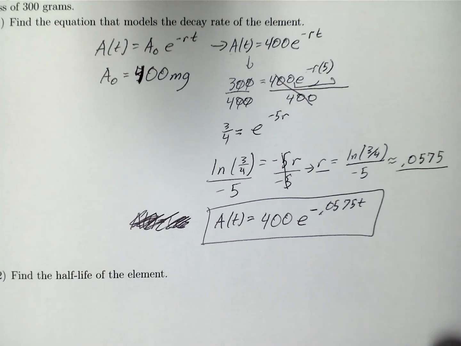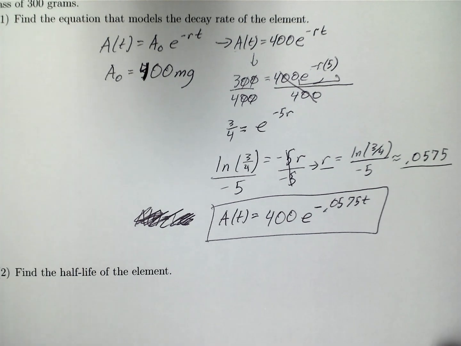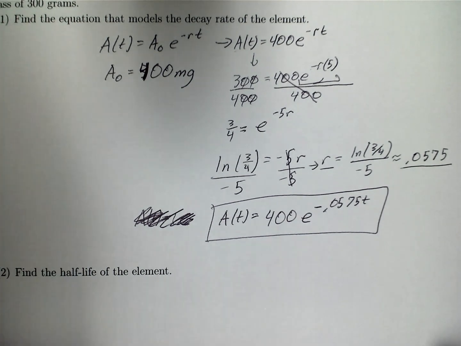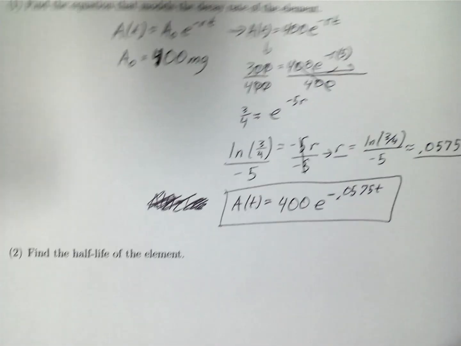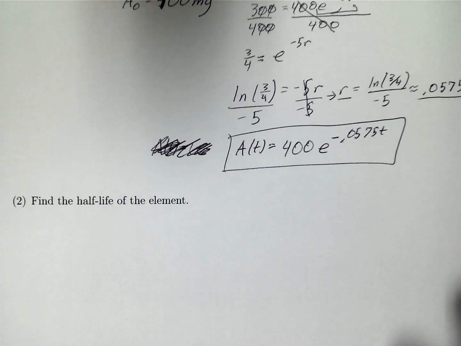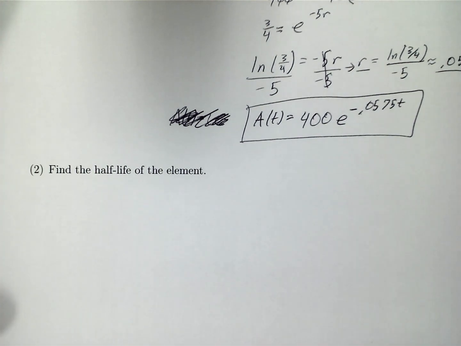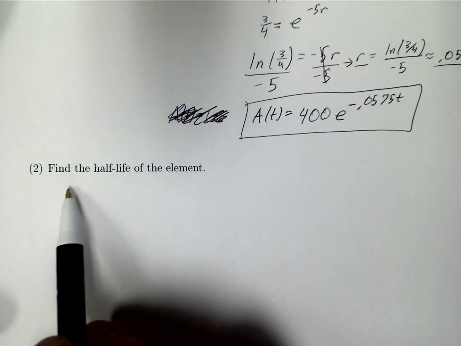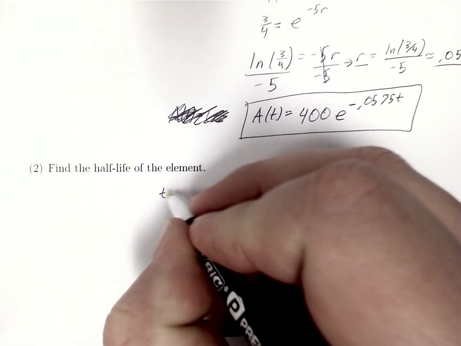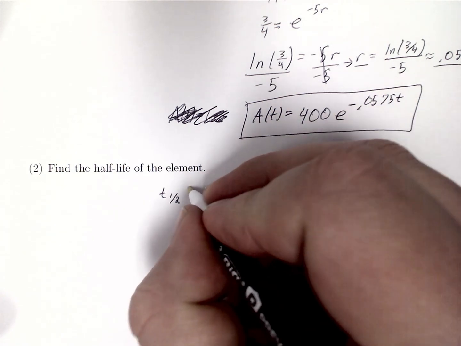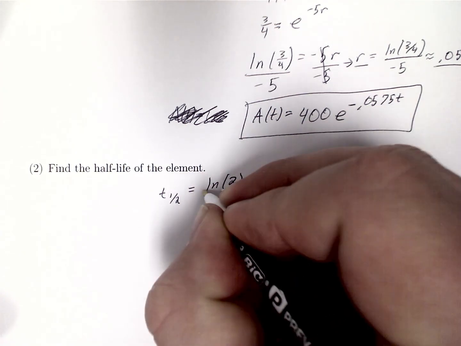All right. So far we've still followed the same formula of everything we've been doing. But now we're going to run into the only other type of problem that you could really encounter in this section, where it specifically asks you to find the half-life. So if it asks you to find the half-life, you're going to use the formula t of 1/2 equals ln of 2 over r.